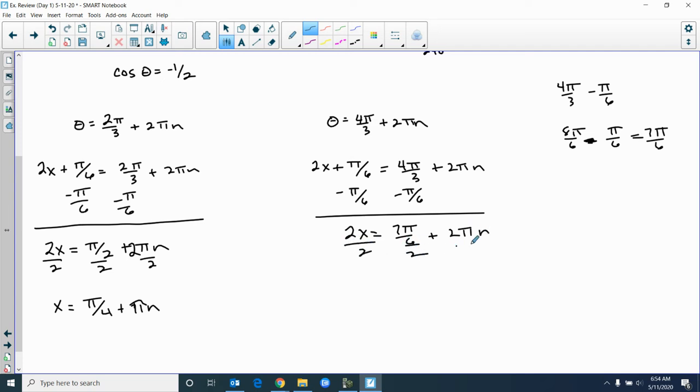Divide everything by 2, and I get x equals 7 pi over 12 plus pi n.